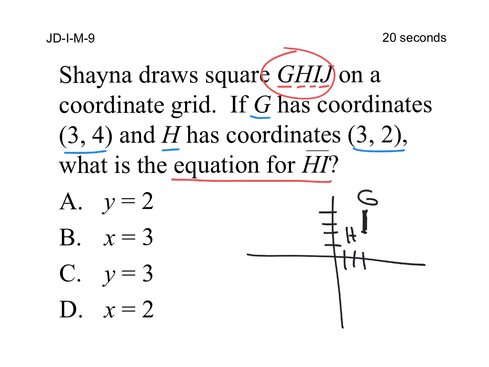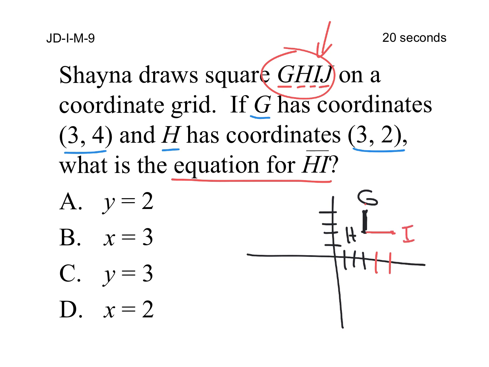So GH, the next letter here is I. So we're just going to continue in the same order, GHI, so I is going to be over here somewhere. And it's a square, so we know it's exactly 2 units further over.